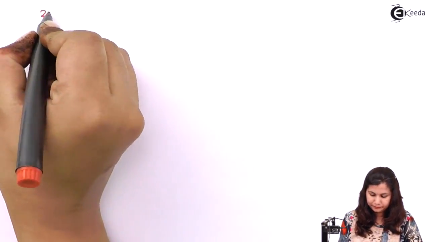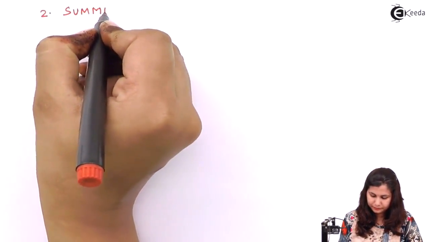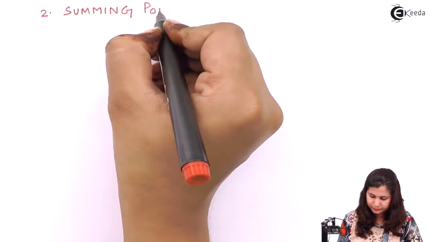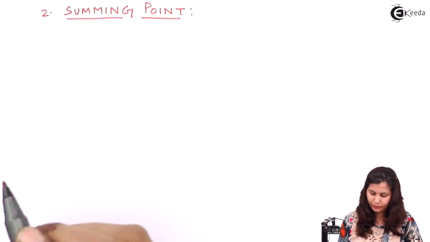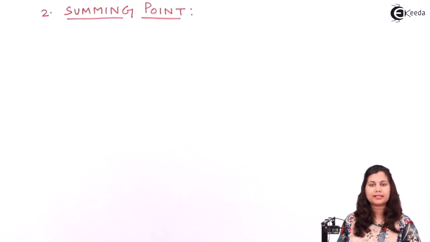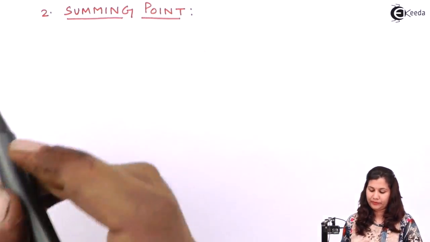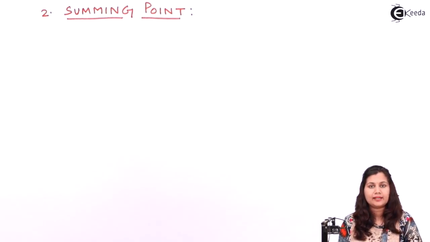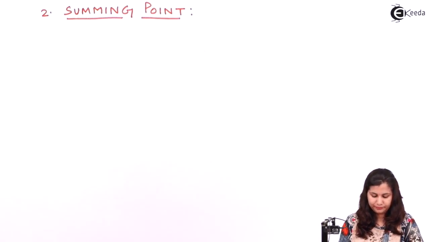Now the second element of a block diagram is the summing point. As the name indicates, the summing point is used to sum up two or more input signals.